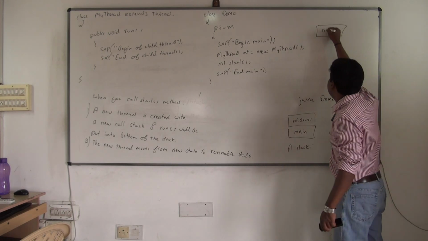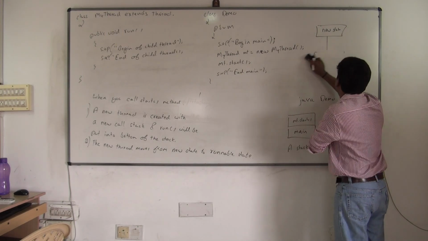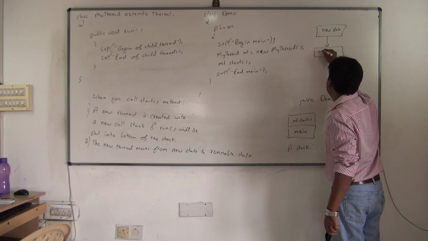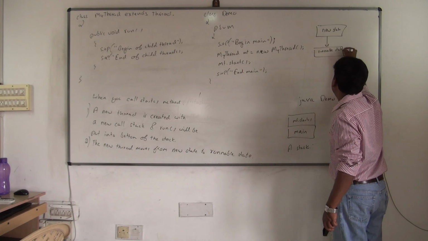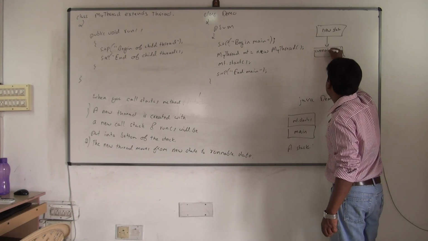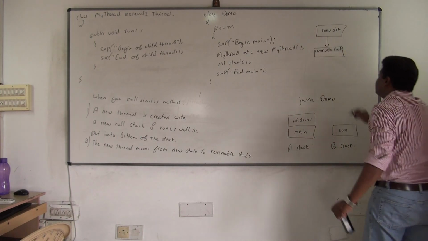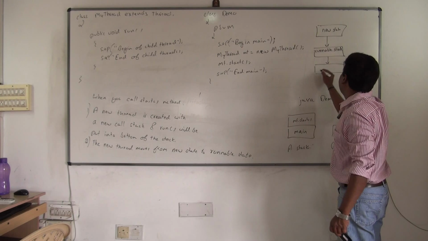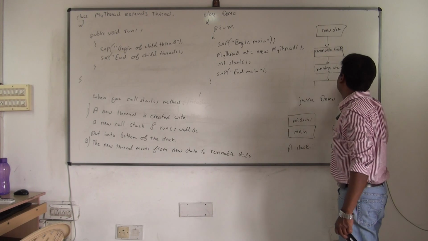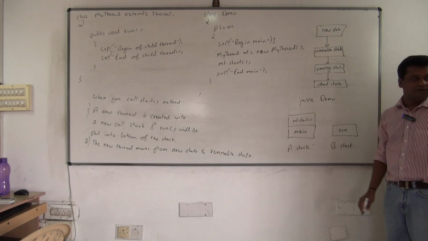So from new state, the new thread will move into a runnable state, and from runnable state, it will move into running state and then it will move into dead state. This is the flow now.